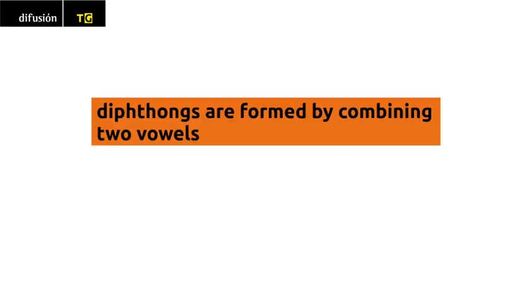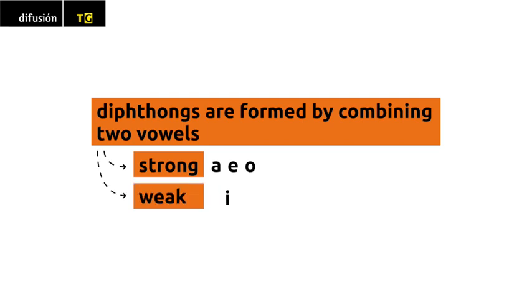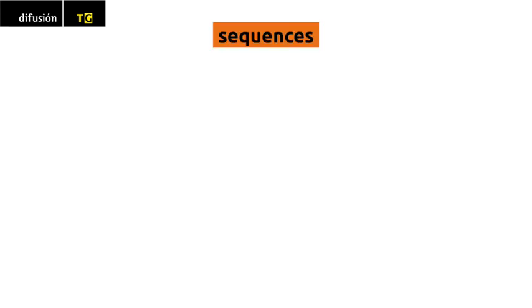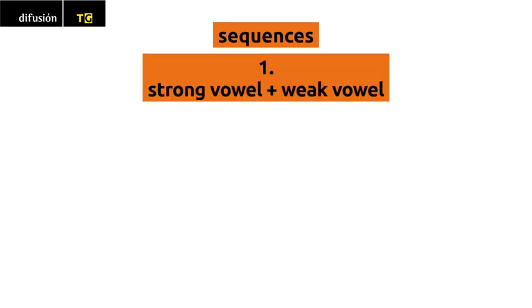Diphthongs are formed by combining 2 vowels, one that is considered strong, A, E, O, and one that is considered weak, I, U. You may have noticed that the strong vowels in a diphthong are the open ones, A, E, O, and the weak vowels in a diphthong are the closed ones, I and U. There are 2 possible sequences. 1.